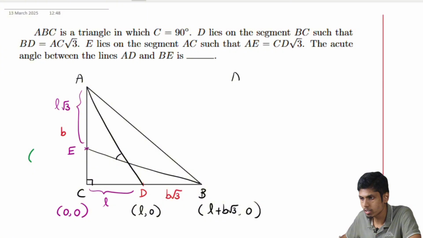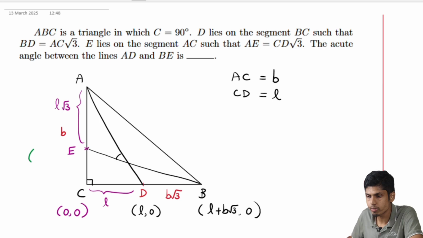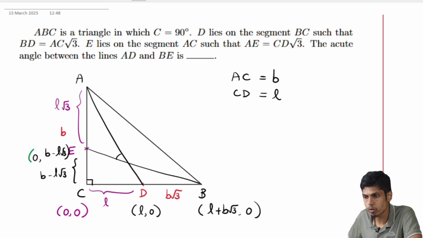So let's write all our assumptions. AC is considered as b, CD is considered as L. Therefore, the length CE will be b minus L root 3. Coordinate wise, point E will be (0, b minus L root 3), and point A will be (0, b).